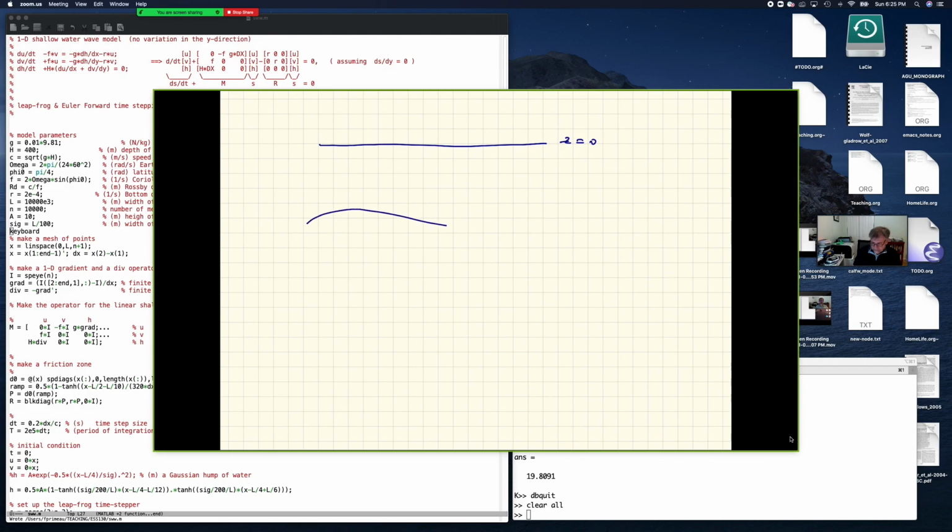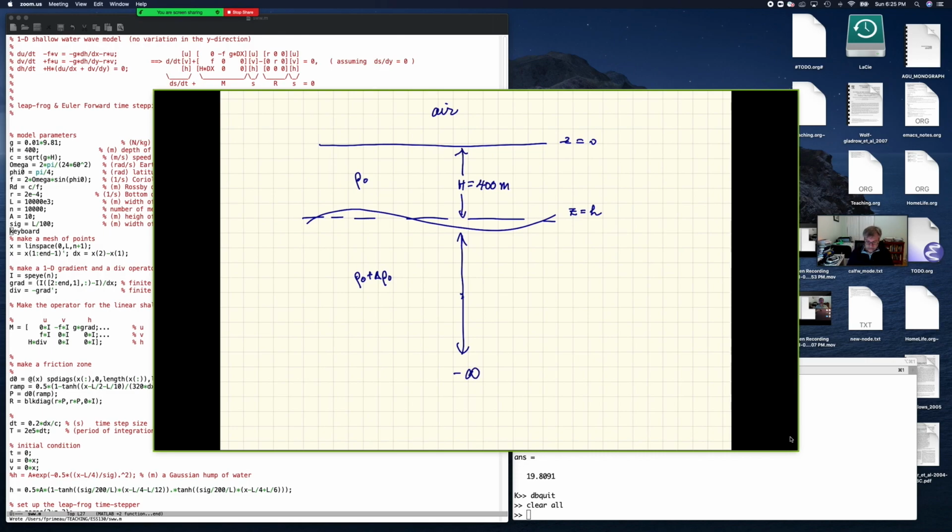We have an interface here at z equals to -h, and the mean thickness of this layer is h, and this will be equal to 400 meters. So this is air. This is the top layer of density rho naught, and then below there's another layer of water, rho naught plus delta rho naught. And this one is a layer of infinite depth, goes up to minus infinity.